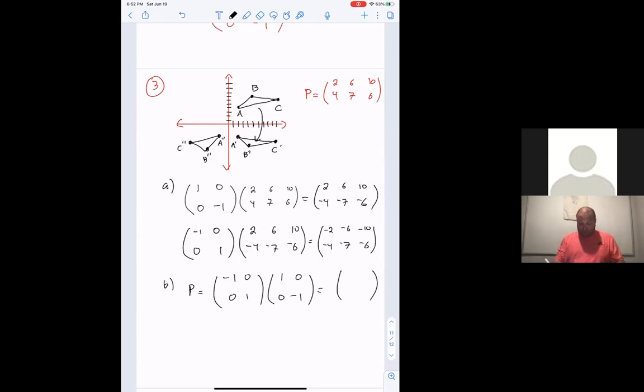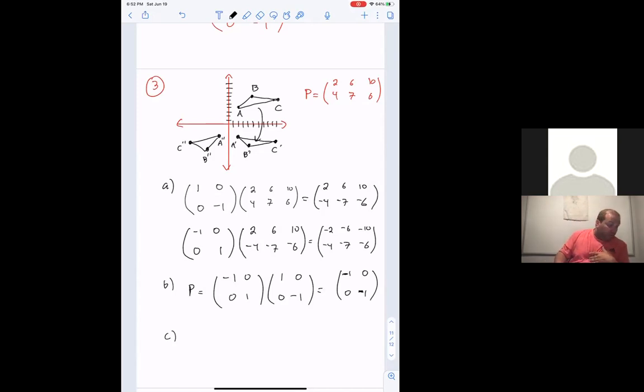So I get the same thing as a rotation of 180 degrees. Two reflections are the same thing as a rotation of 180 degrees. Crazy. Or an enlargement, scale factor -1.